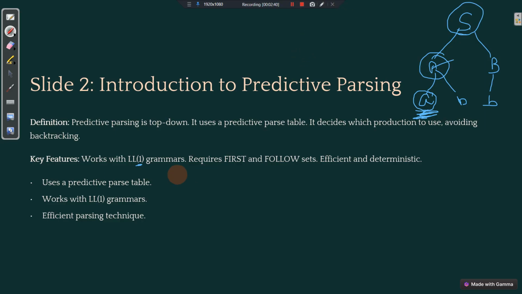So LL(1) means: L, left-to-right scanning of the tokens, and the second L is for leftmost derivation, and the 1 is how many input tokens, or you can say evidence, we use. What is the next terminal that you are expecting in the sequence, and what is the first terminal the non-terminal is producing?